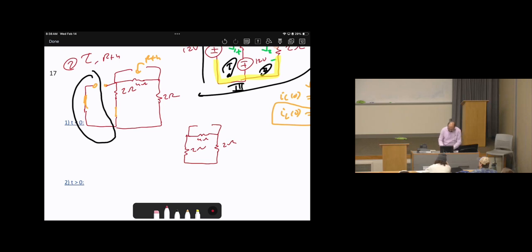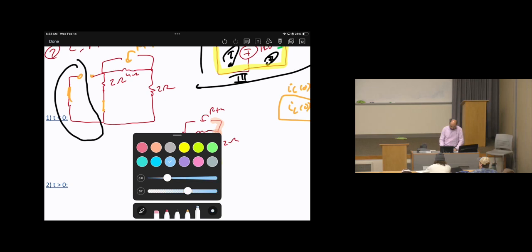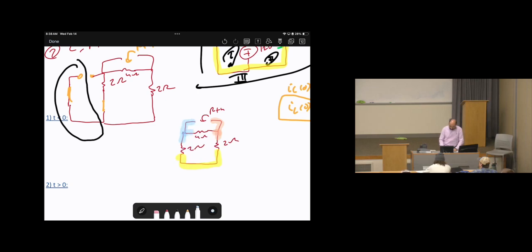Now, can you calculate R equivalent for this circuit? Do you know how to calculate it? If you're unsure, label the nodes. The 2 ohms and 2 ohms, are those in series or parallel? Series.